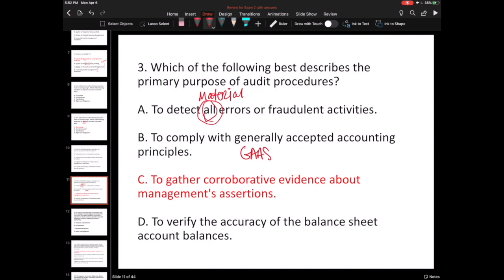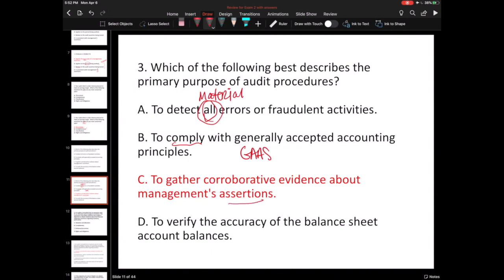The primary purpose or point of audit procedures is not to be in compliance with regulations, right? Audit procedures don't live to be in compliance with regulations, right? They're trying to gather evidence about assertions so I can issue my opinion.